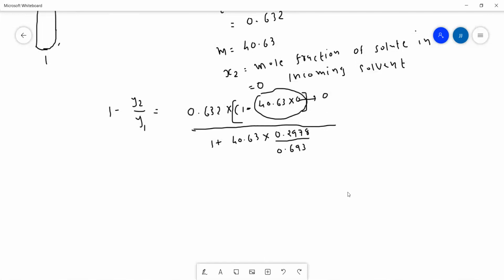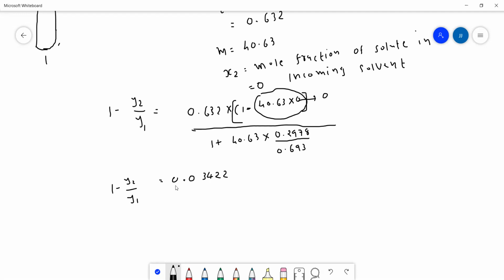Now, if you solve for this, you will get 1 minus Y2 divided by Y1, the fractional solute removal, which is equal to 0.03422.